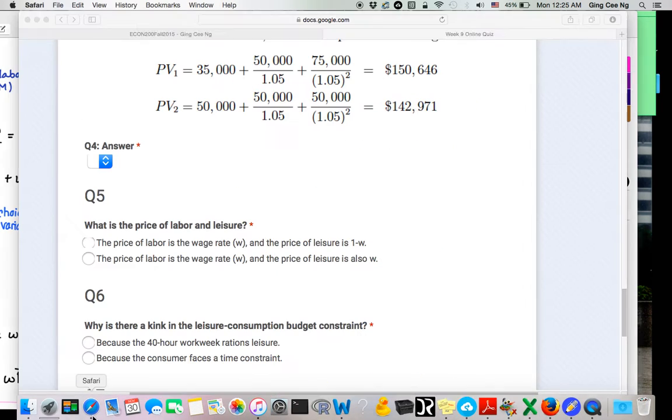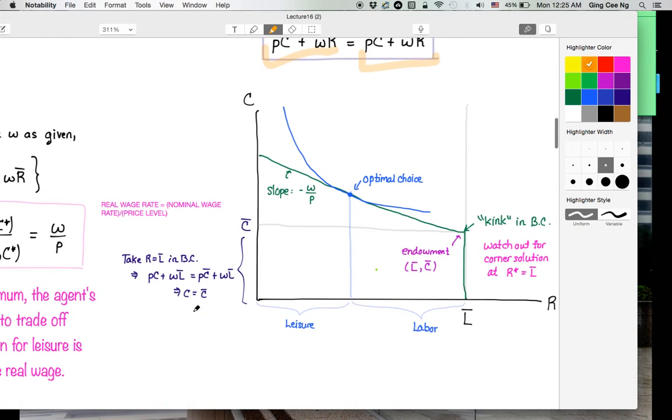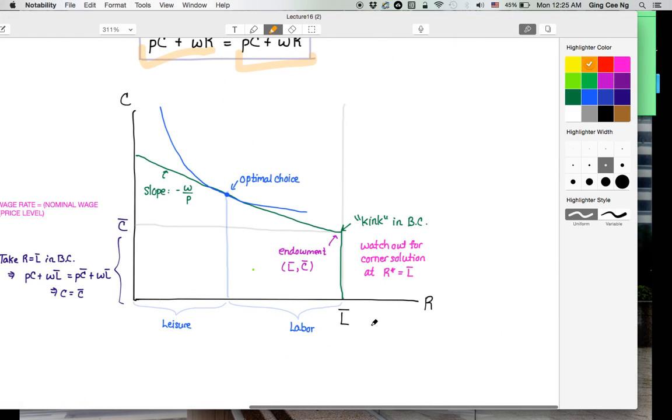For question 6, why is there a kink in the leisure consumption budget constraint? There are two options here: because the 40-hour work week rations leisure, or because the consumer faces a time constraint. How would you represent a 40-hour work week? In this basic model, we don't have a 40-hour work week.